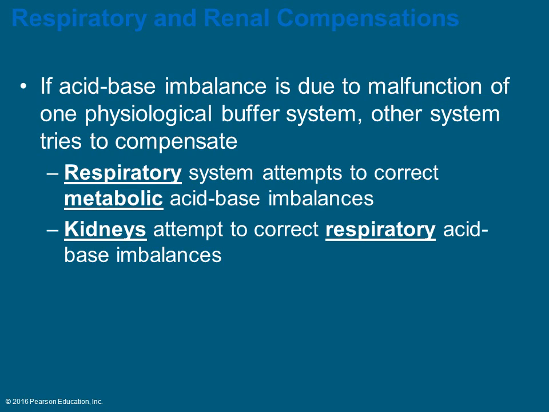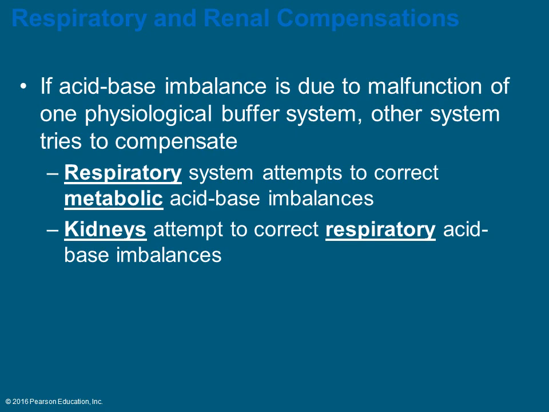Now, if you have an imbalance and the body is picking this up on the acid base, and if the imbalance is due to malfunction from one of your physiological buffer systems, from the respiratory versus the metabolic, the other one will try to compensate for it. So the respiratory system can try to compensate for problems or malfunctions in the metabolic, and vice versa.